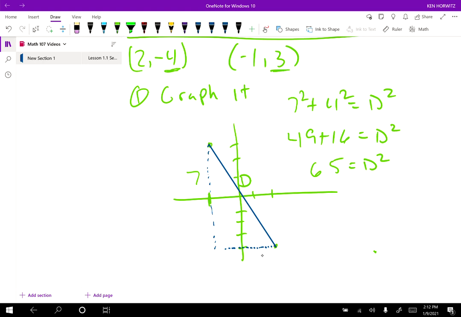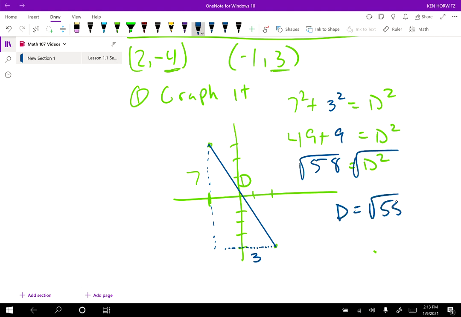Uh-oh, so now to keep me honest. This is 3 units, which means I have to change this. So that's 3 squared. Hey, sometimes you get them right, and sometimes you have to double check. So 49 plus 9 is now 58, and then I do the square root, and I say D equals the square root of 58.